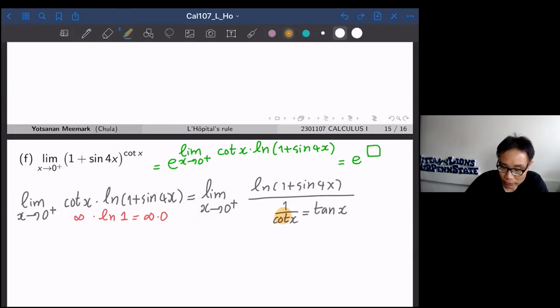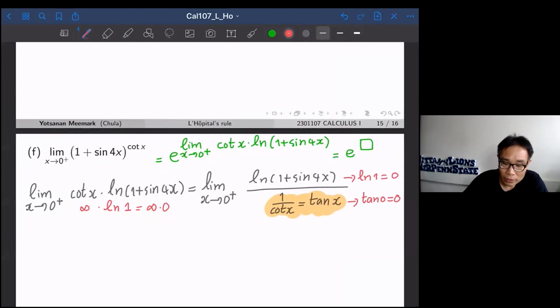The top, log 1, is equal to 0, and the bottom, tan 0, is equal to 0. So you're going to use L'Hopital, 0 over 0.